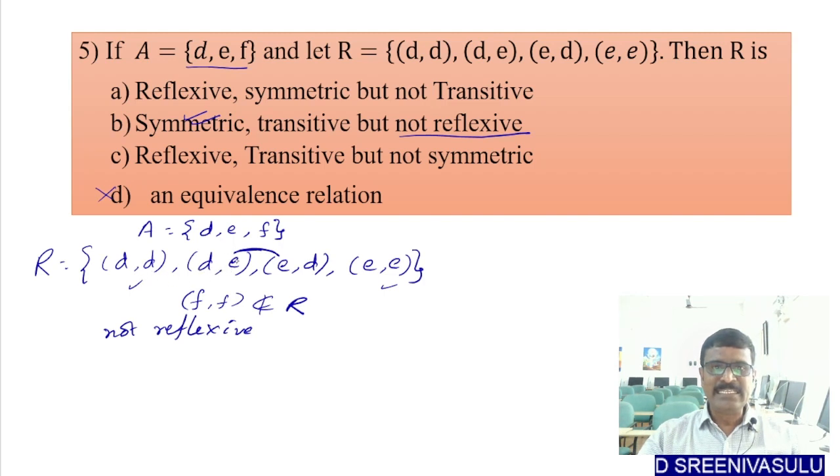DD, DE, DE also is there. DE, ED, DD also is there. DE, EE, DE also is there. It is transitive. Therefore, it is symmetric, transitive, but not reflexive. Option B is the correct one.